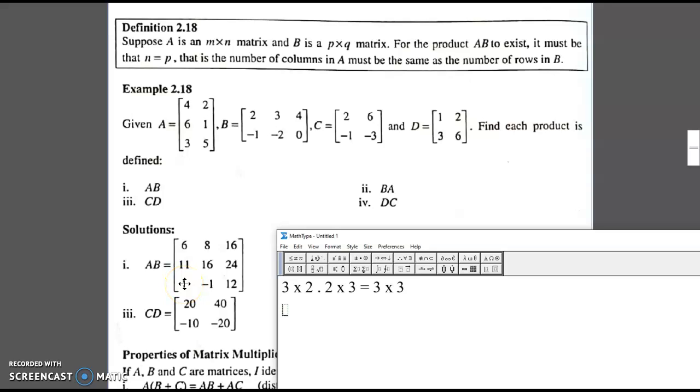All of this operation will give you the first column only. Now we do the same multiplication with the second column to get the second column.